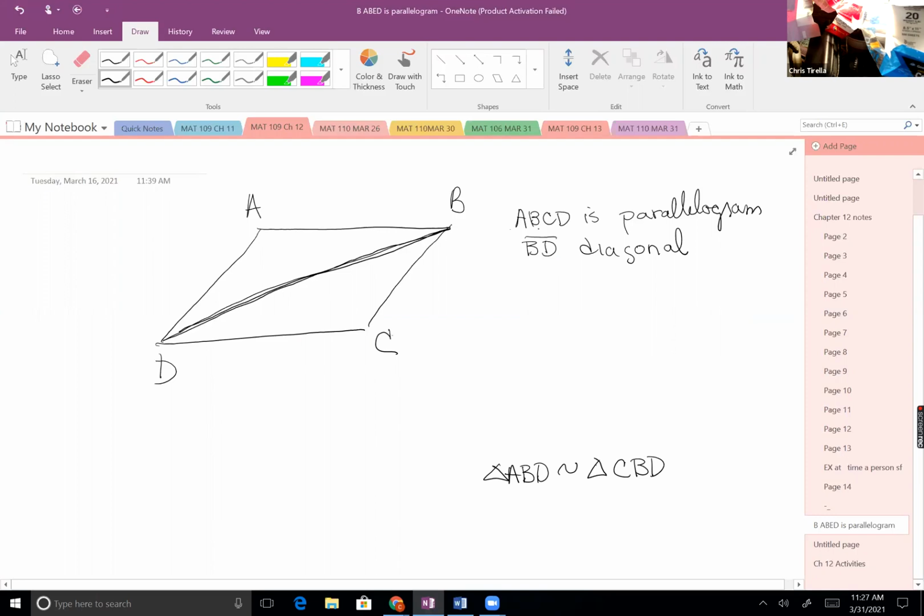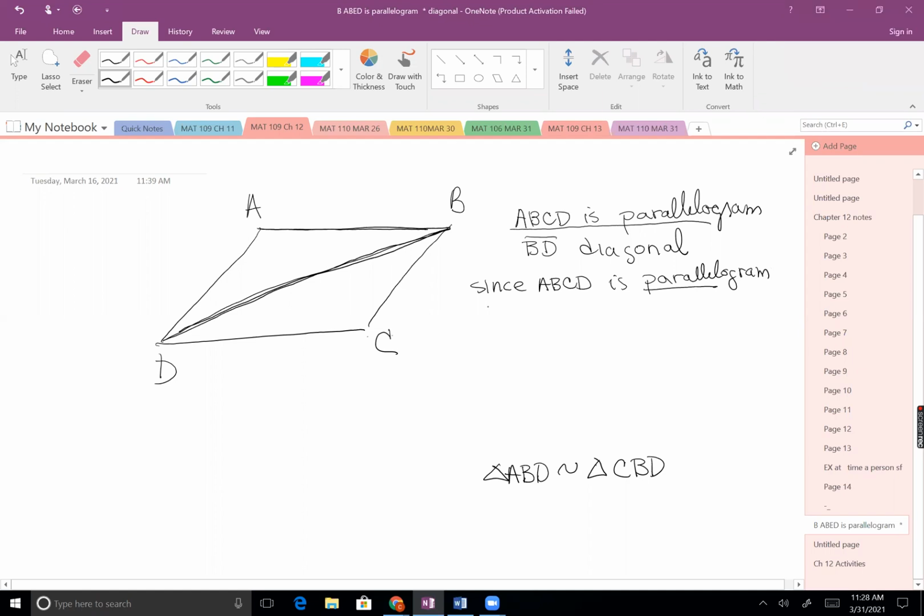Well, the first thing I want to know is, what does it mean if ABCD is a parallelogram? What does that tell you about the sides? They're parallel. We can say that AB is parallel to DC and AD is parallel to BC.